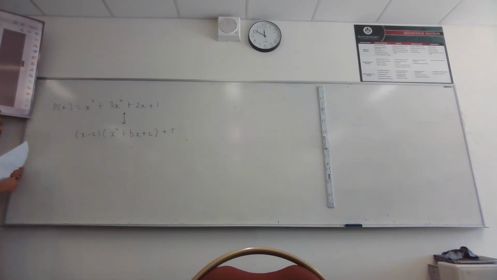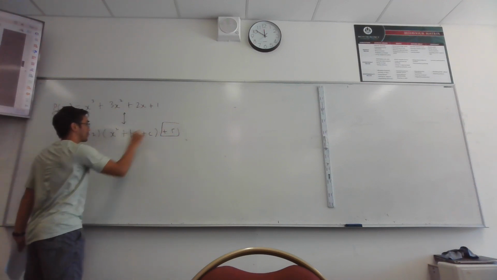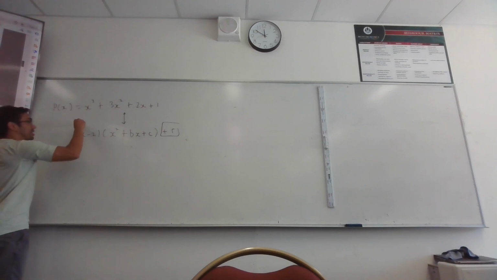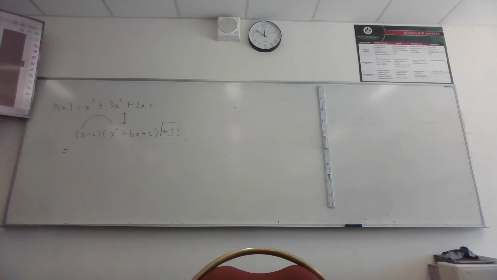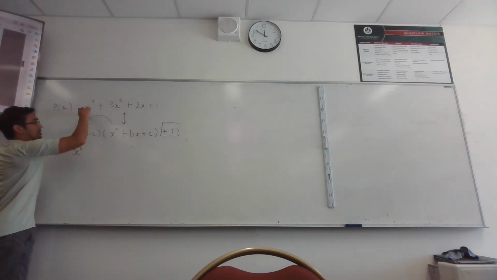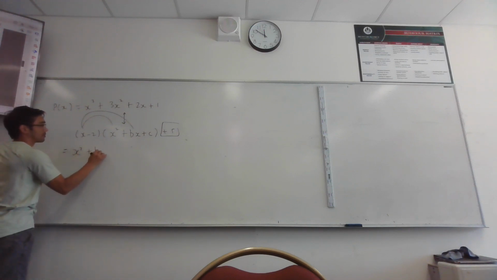So let's go for a little journey. What's my first term? Ignore the r for now. Let's play around with this. x is going to dance with x squared, becomes x cubed. x is going to dance with bx, bx squared.